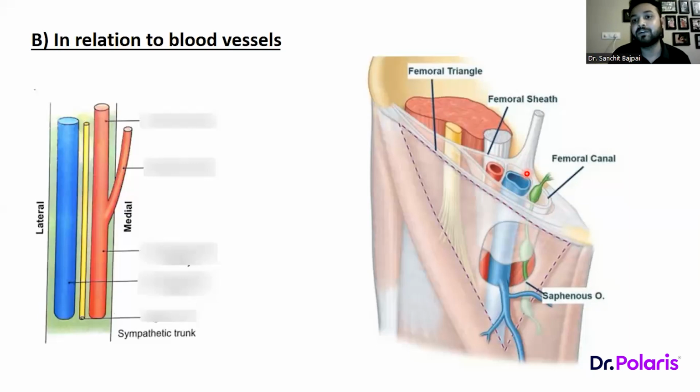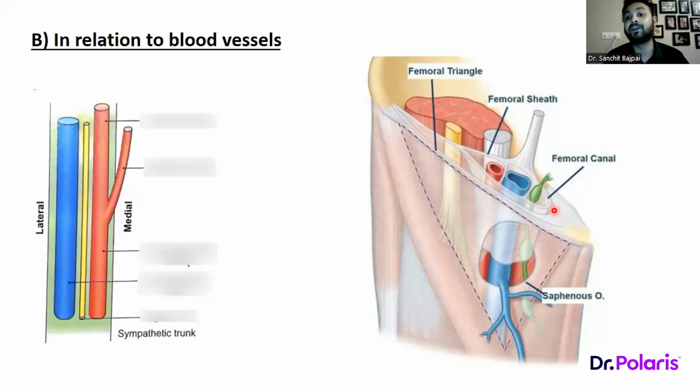That is why, if you see here, this vein has a caliber, and see the space that the deep fascia has been given. That space has been given so that the distension of the vein when it carries blood is easily accommodated. So around the veins, the deep fascia is more elastic, while around the arteries, it is more densely packed. Remember this.